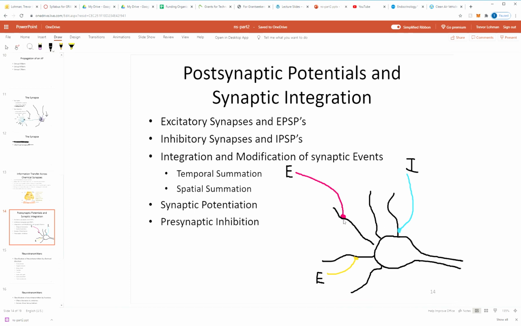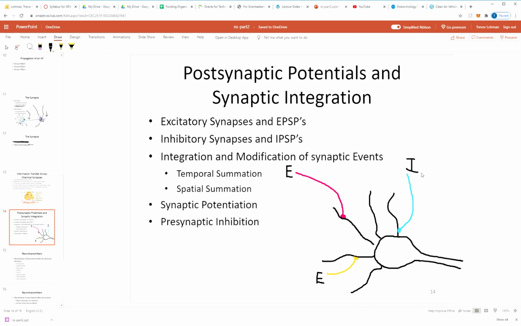Excitatory synapses make this area more positive. They cause depolarization, and the more depolarization you get here, that spreads down to the axon hillock. So excitatory causes depolarization, inhibitory causes hyperpolarization.